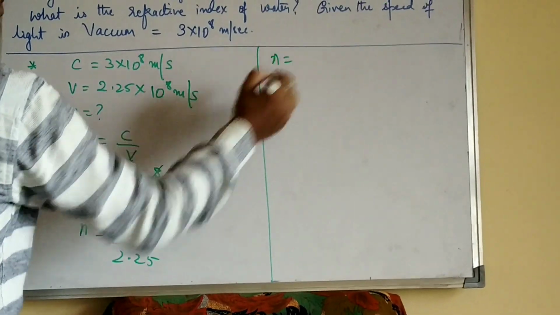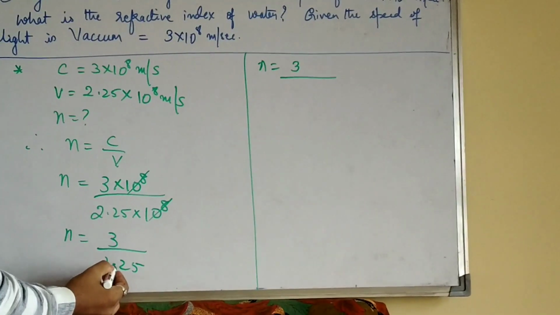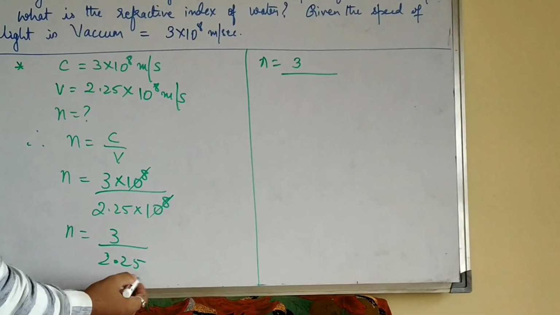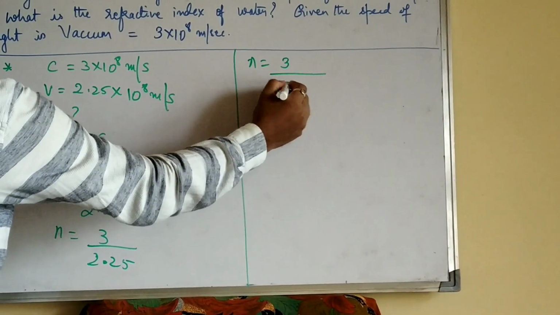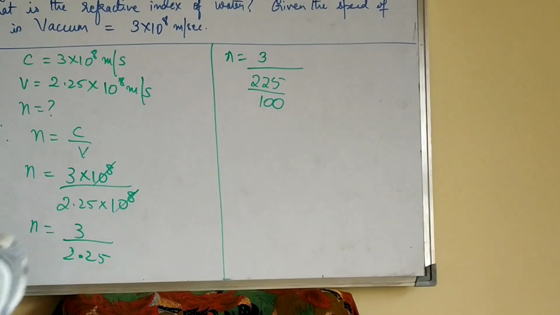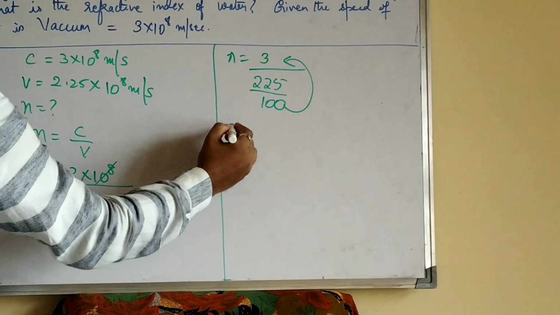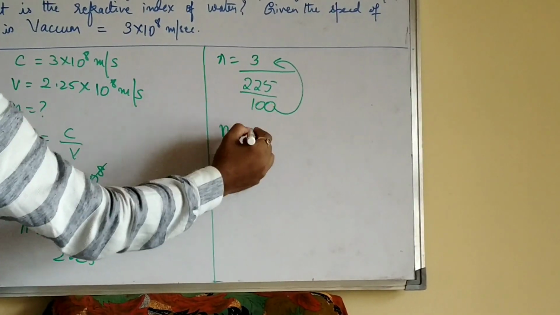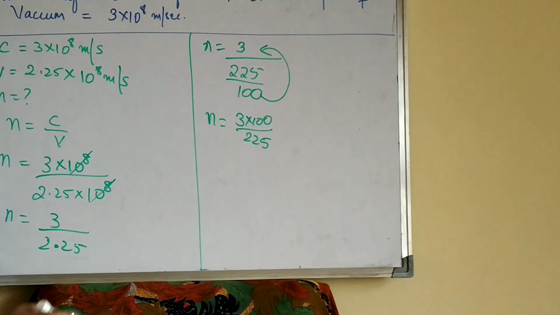You can see here n is equal to, write this 3 as it is. You know that 2.25 has how many places after the decimal point? 2 places. So this could be written as 225 divided by 100, right? 225 by 100. Now, by taking the reciprocal, this goes to the numerator, right? n is equal to 3 into 100 by 225.